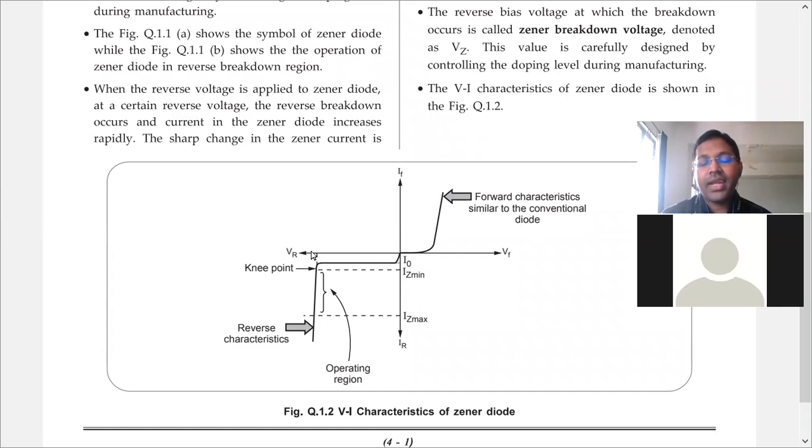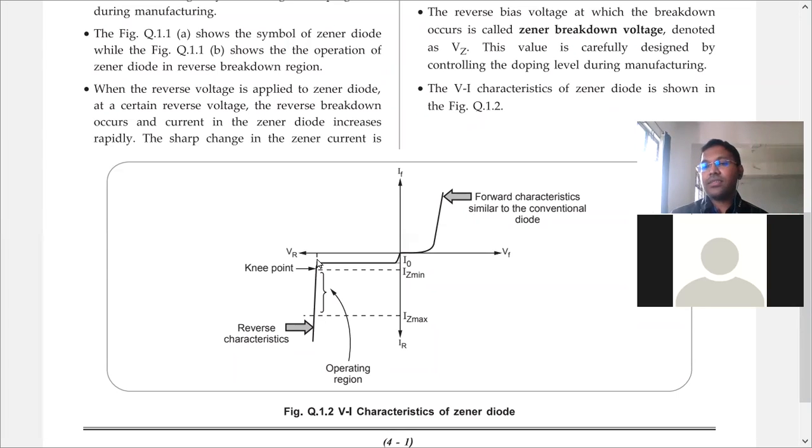Listen carefully. What happens? Because the doping is heavy, under reverse bias condition, the width of the depletion region is thin. A thin depletion region means the electric field intensity will be high for a given voltage. So what will this high electric field intensity do?